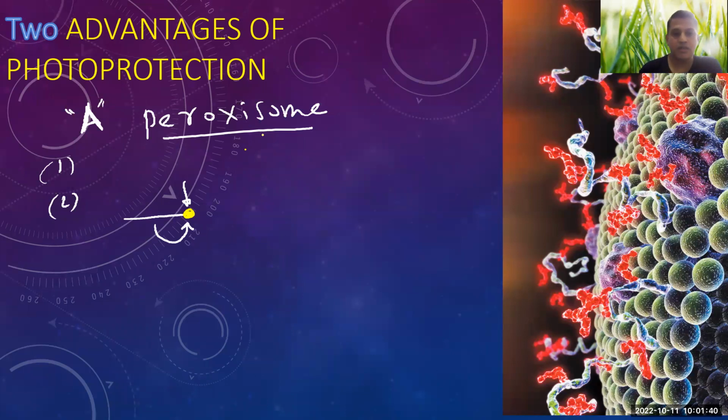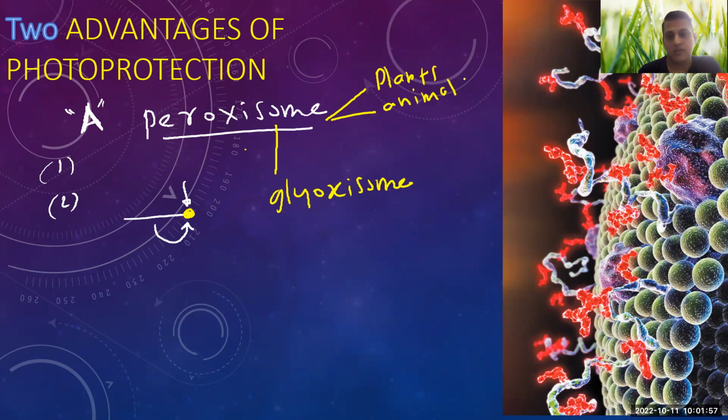There is a similar structure. You can check the notes, called glyoxysome. This we can find in the plants and animals. Glyoxysome we can find in the plants.